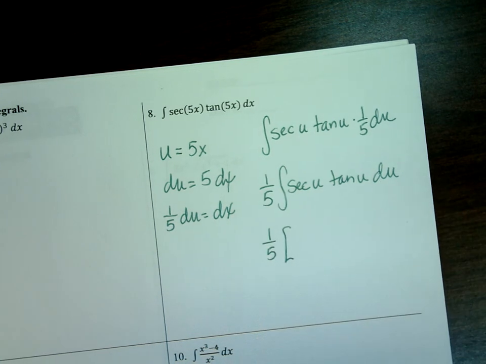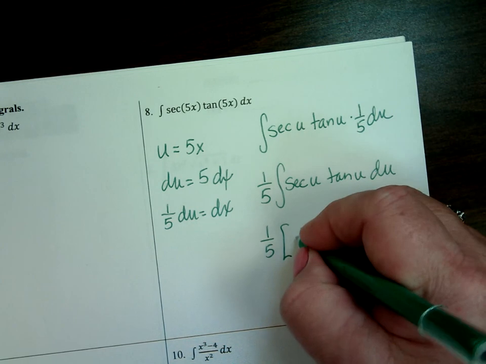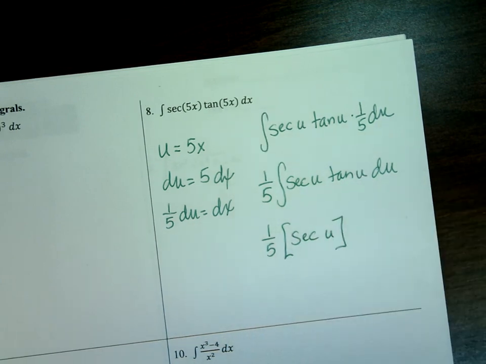Tangent, cotangent? No. Tangent would have been my guess too if I was a wrong guesser. Well, the derivative of tangent is secant squared. Yes, it's secant. You can check your cards to make sure, but yeah, it's really secant. The derivative of secant is secant tangent.